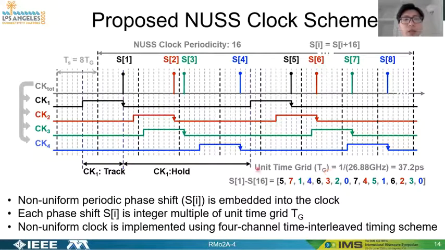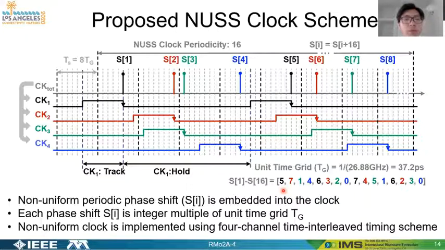Now, I will go through the non-uniform subsample clock scheme. The proposed non-uniform clock is implemented using 4 time-interleaved channels to get sufficient tracking time. The unit time grid is 1/Fc, which is around 37 picoseconds. The non-uniform periodic phase shift is embedded into the clock.